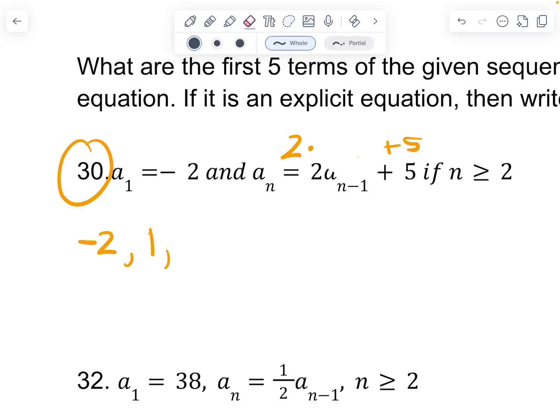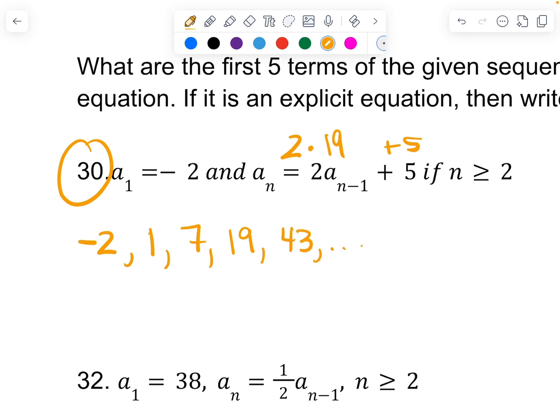Now, if I plugged in 1 here, that would be 2 plus 5 is 7. There we go. 7, that'd be 14 plus 5. 14 plus 5 is 19. That'd be 38 plus 5, 43.